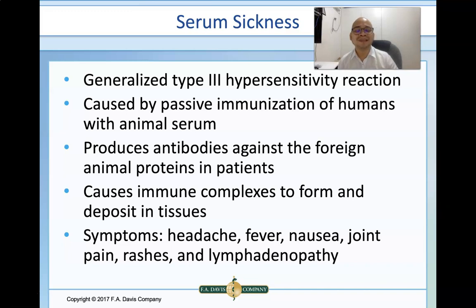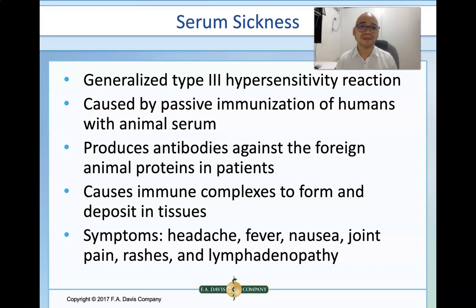Whenever you are injected with horse antibodies, they will have animal proteins, and animal proteins are considered as antigen. We do not consider that animal protein as ourself. Non-self yun. So, what will happen?